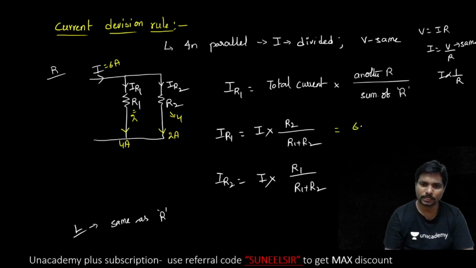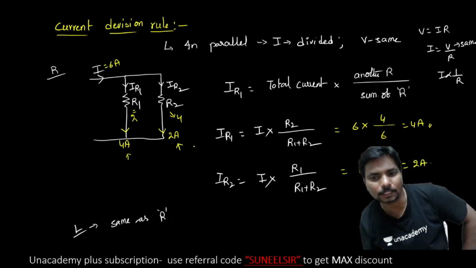The total current 6 into the other resistor 4 by 4 plus 2, that is 6, gives 4 amps. Here also the total current into R1, 2 by 6, gives 2 amps.